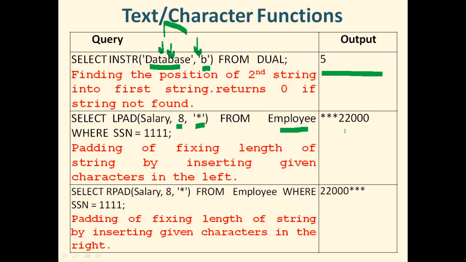So suppose one value given in salary is this 22,000, then it will add first spaces to the 22,000 to make it a length of 8. Now after making a length of 8, the rest spaces will be filled with the asterisk as shown here because of this particular function LPAD. Similarly, when I use RPAD, you can see here, this time the filling has been done in the right side. So this is about the padding, LPAD and RPAD.